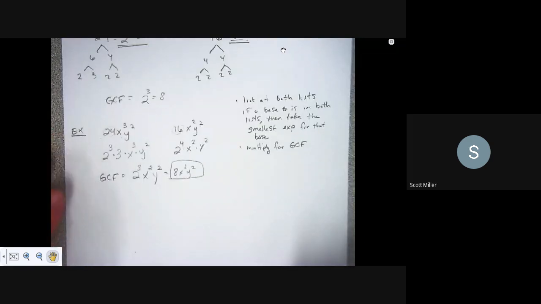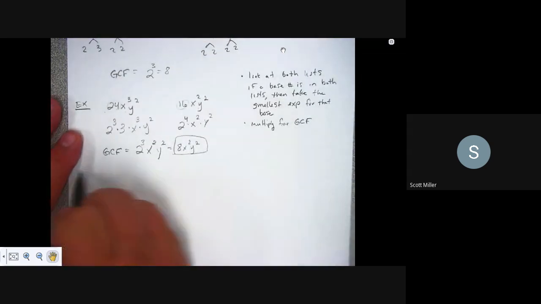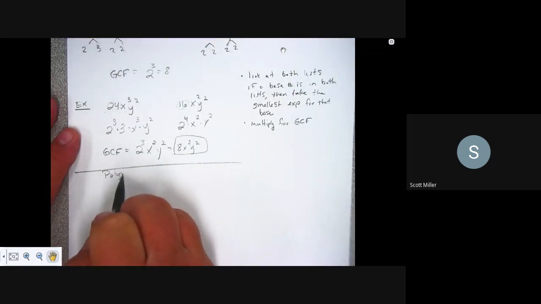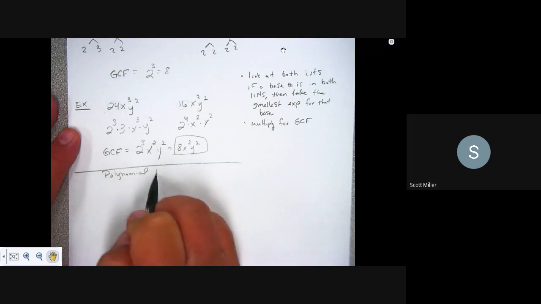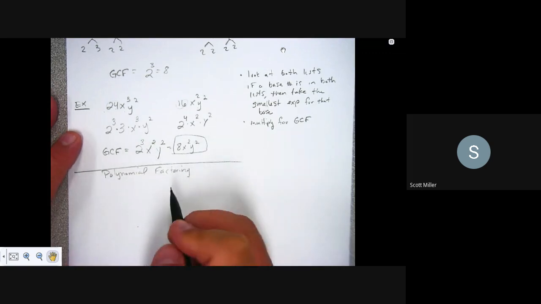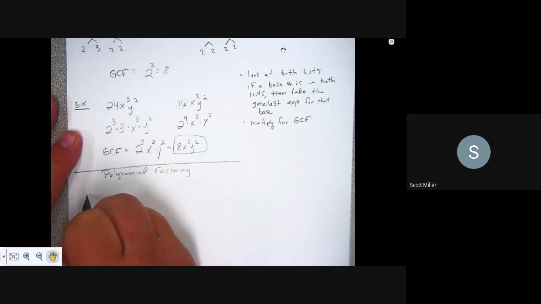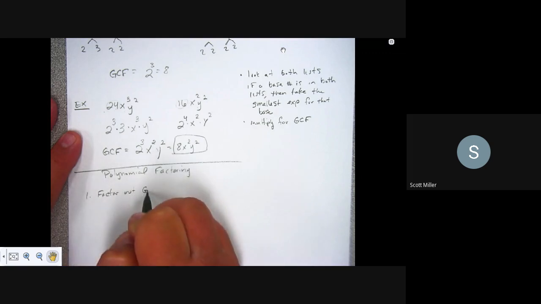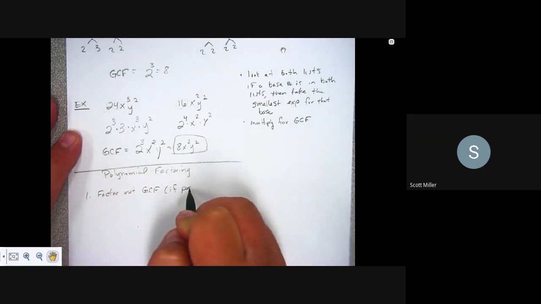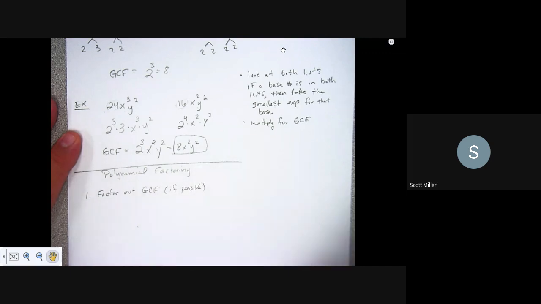Here's how that works in a polynomial setting. First step, factor out the GCF if possible. Not always possible.